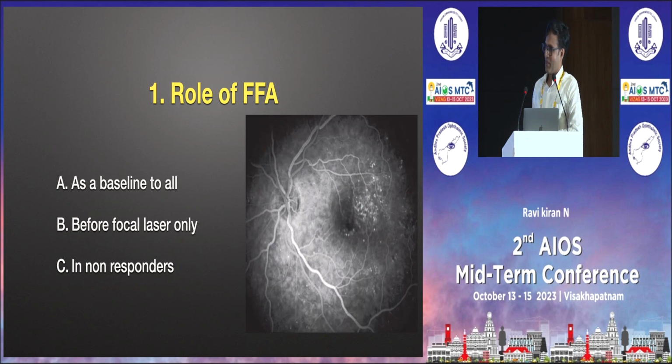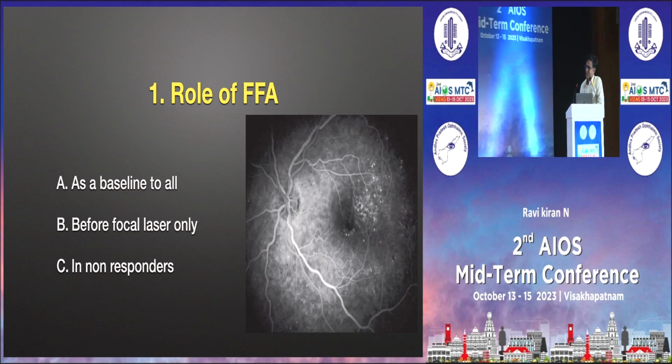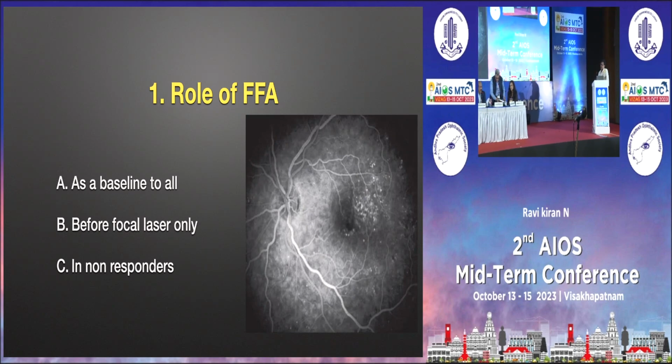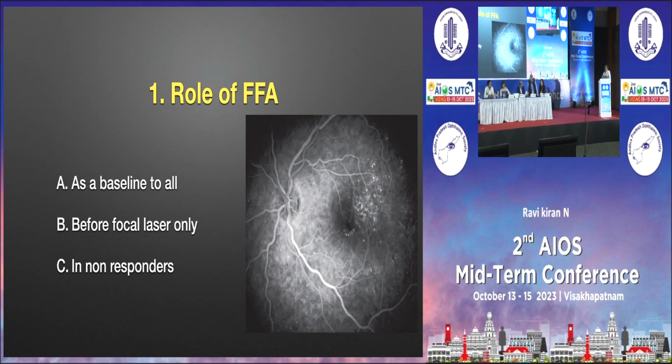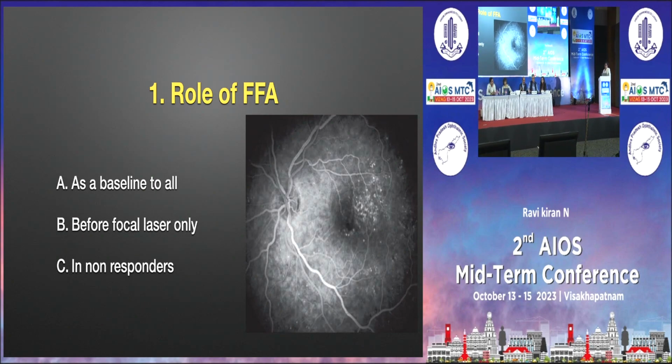I think non-responders, where we start thinking that we may have to do laser. The two situations are there. One is the visual acuity: you are doubtful that there can be some kind of ischemia playing a part. Probably FFA is the best investigation that you need to do. Otherwise, I agree fully that at the beginning it is not required, but in non-responders and those cases, you should.